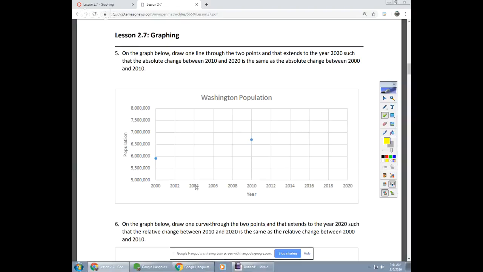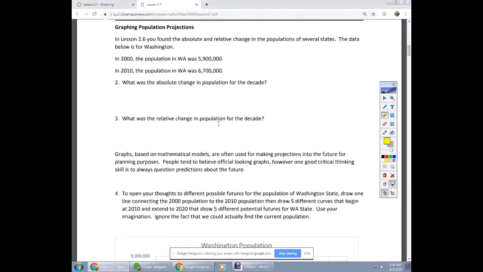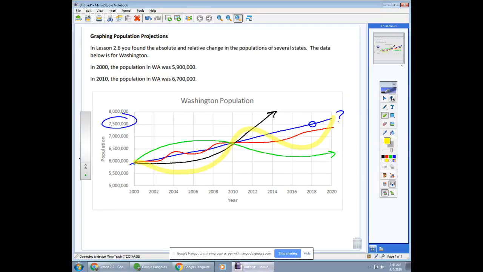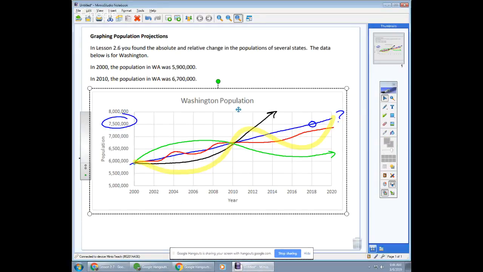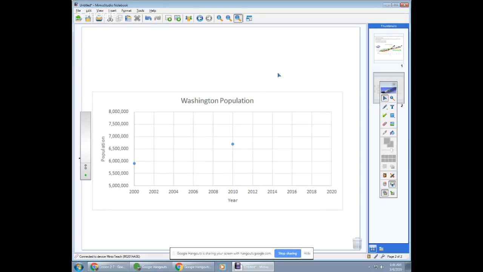Okay, so we just whip out a calculator and we calculate what is 6,700,000 minus 5,900,000. 800,000.